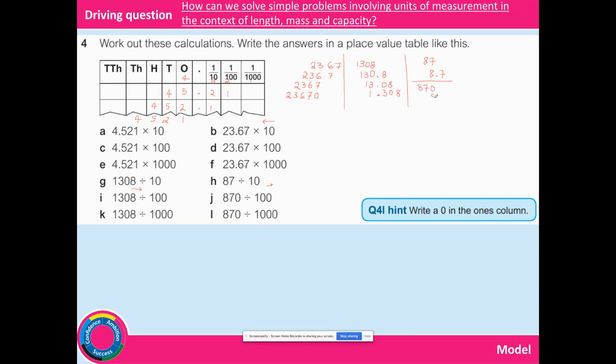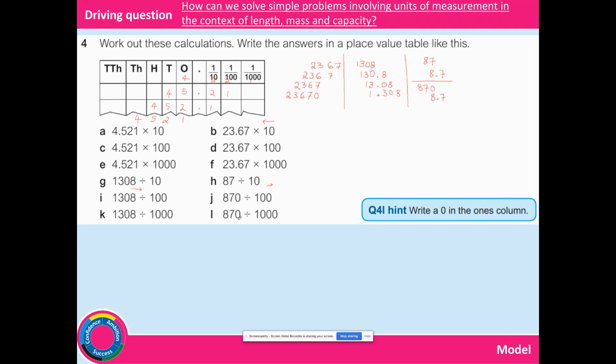It's going to go here. Oh, I need to add my decimal now. The 7, 1, 2 places. The 0, 1, 2 places. But because now it's got no value over here, a 0, I don't actually need to put it. I can just leave my answer like that. 870 divided by 100 is 8.7.